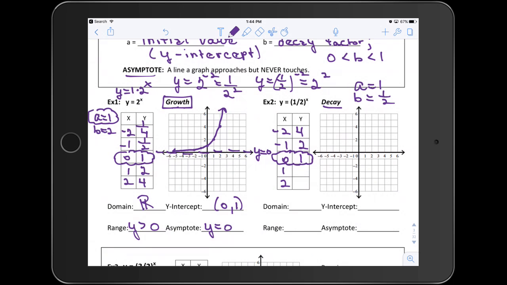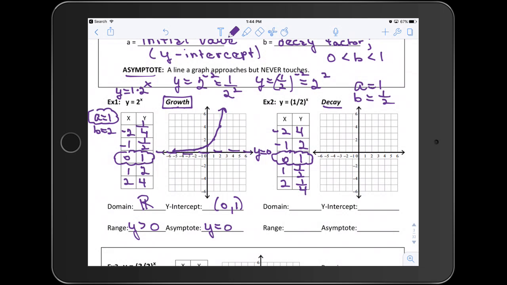So unless the a value is anything but 1, you're going to have this intercept of (0, 1). Of course, if your a value is 4, you're going to take that 1 and multiply it by 4, so it ends up being (0, 4). So the y-intercept changes with the a value. Put 1 in, you end up with 1/2, and then put 2 in, you end up with 1/4.